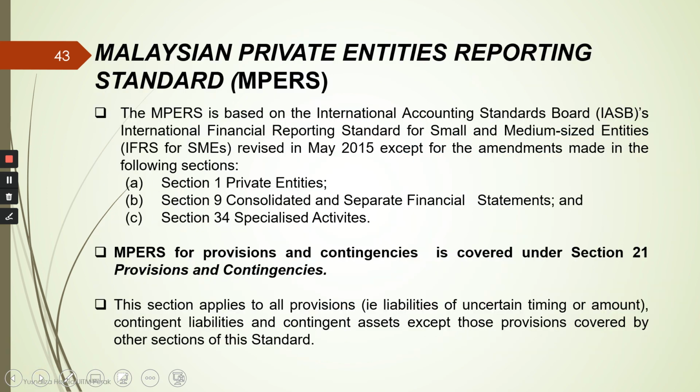And the last section of this coverage of MFRS 137 is talking about the Malaysian Private Entities Reporting Standard, where public companies in Malaysia are required to follow MFRS 137. However, for private entities, they have the option to either follow the MPERS, which is equivalent to IFRS for SME, or they can also opt for the MFRS.